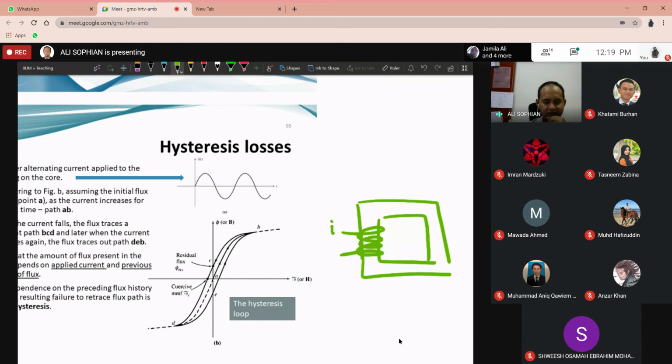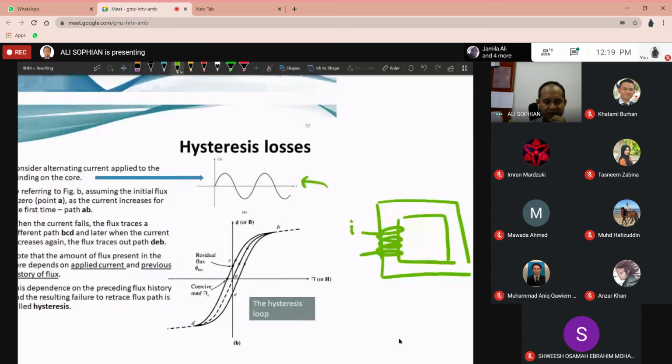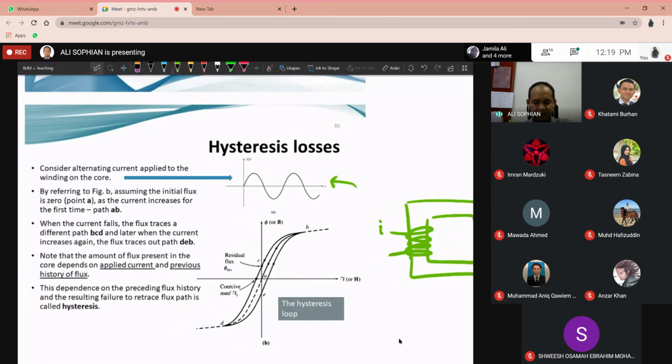So you start from zero, and then it goes up, keep increasing until it reaches the peak, and then starts decreasing, going through zero, and then negative, the opposite polarity, and then it reaches the minimum, and then turns direction going up again. It will repeat itself periodically. So it's an AC current signal driven into the coil.